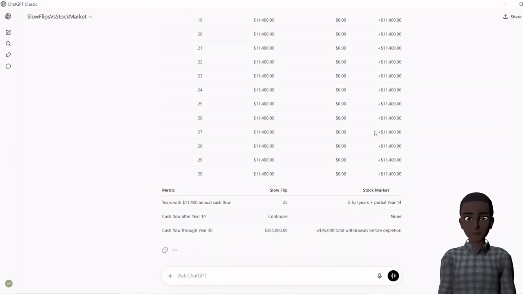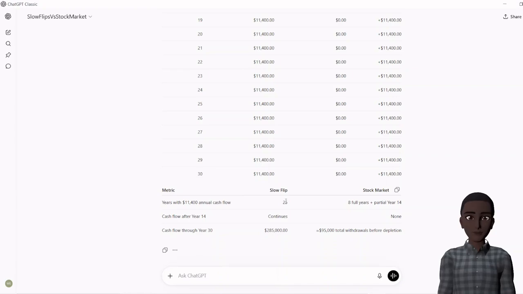If your goal, however, is during the 30-year time to be able to withdraw money and have cash flow to live on and enjoy and do things, then it seems that based on the same parameters, the slow flip real estate owner financing strategy would win out, because with the stock market, you would run out of money at year 14 versus a slow flip, which could continue to produce funds for you right up until you're 30.